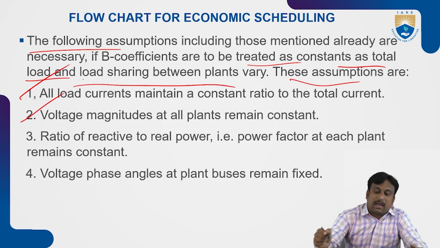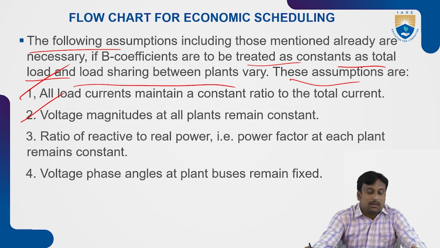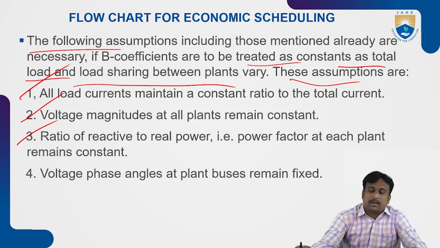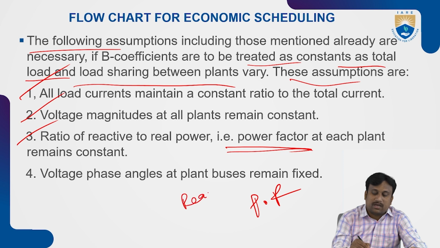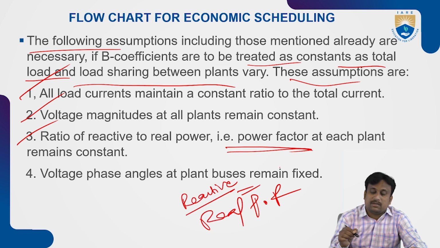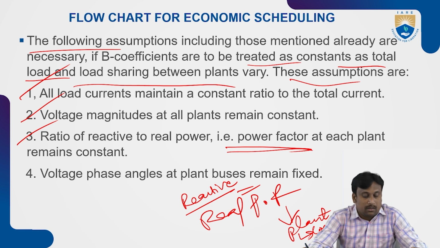Next, voltage magnitudes at all the plants remain constant. Third condition is the ratio of reactive to real power, that is power factor. Power factor, that means the ratio of reactive to real, that is equal to the power factor at each plant, must be constant. Must be constant.